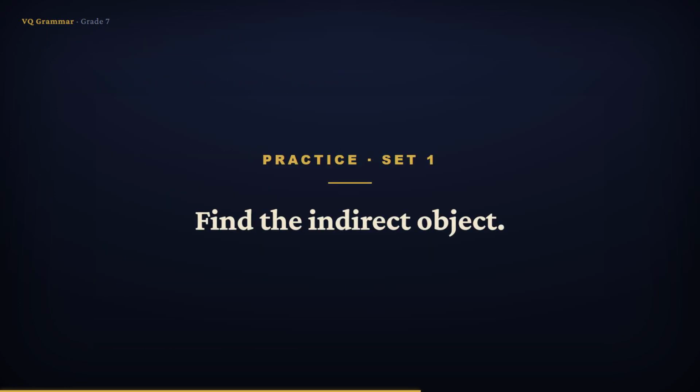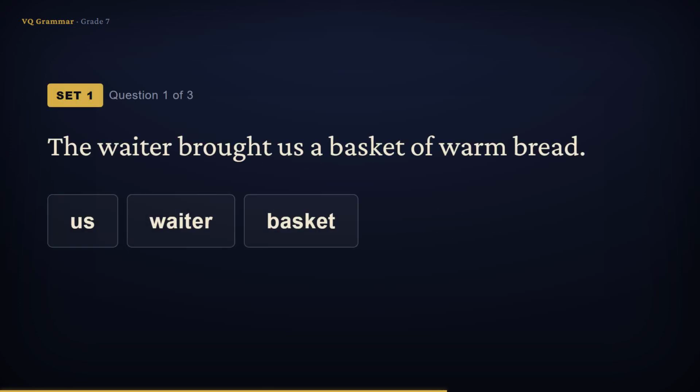Time to practice. In this first set, find the indirect object in each sentence, the word that answers to whom or for whom. Remember, it sits between the verb and the direct object. Pause the video and try each one yourself before I reveal the answer. The waiter brought us a basket of warm bread.